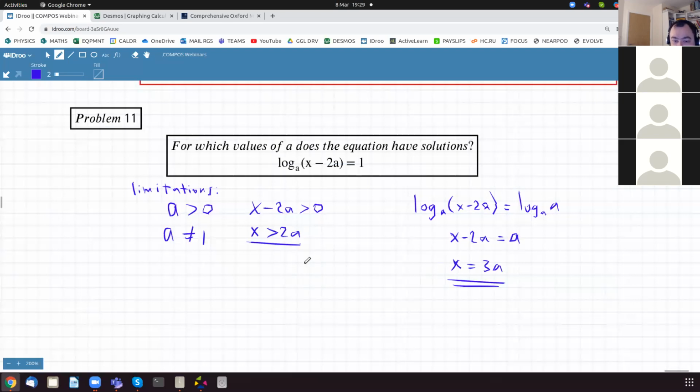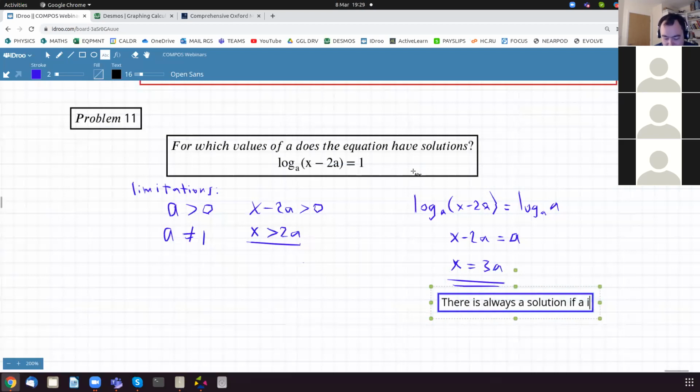Therefore, there is always a solution if a is valid.